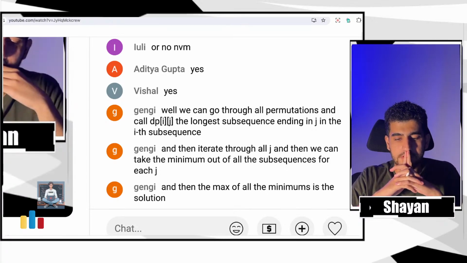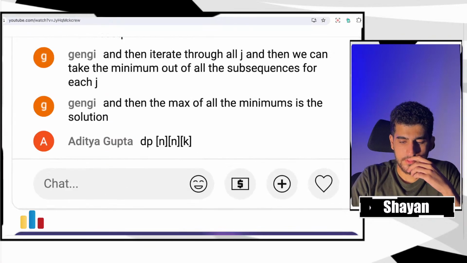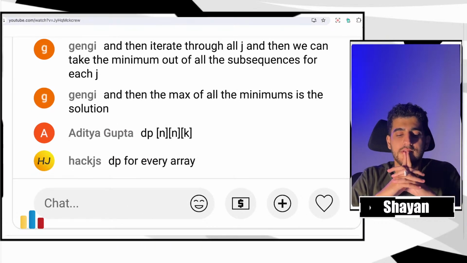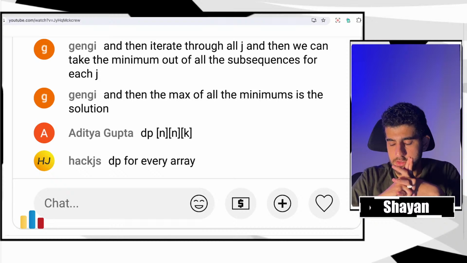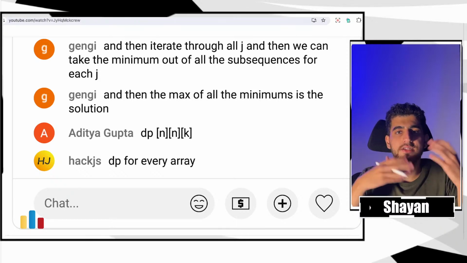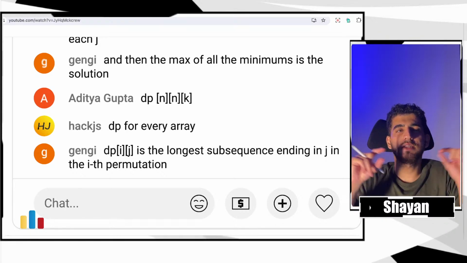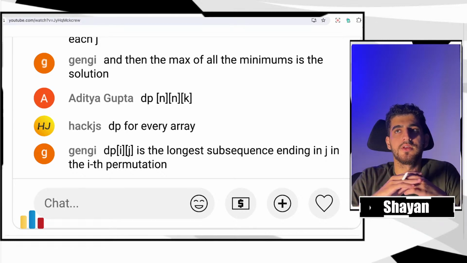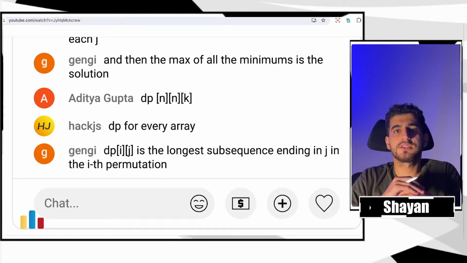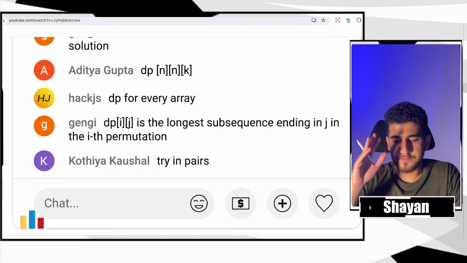DP of n and k, DP for every array. Okay, any other ideas? Let's brainstorm about all the ideas. If I want to define some subproblems, I want to find the longest common subsequence in all of these sequences. So now the question is, how can I define several subproblems for this problem?